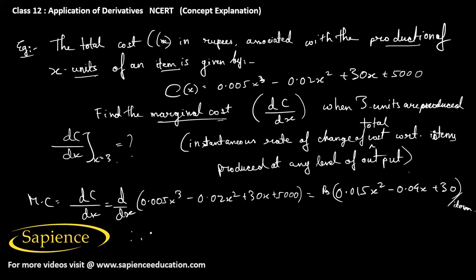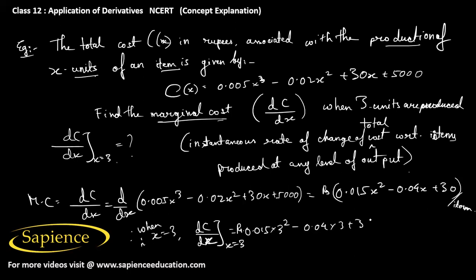Therefore, when x equals 3, the marginal cost dc by dx at x equal to 3 will be equal to rupees 0.015 into 3 square minus 0.04 into 3 plus 30. So it is rupees 30 plus, 15 9s are 135, so 0.135 minus 0.12.